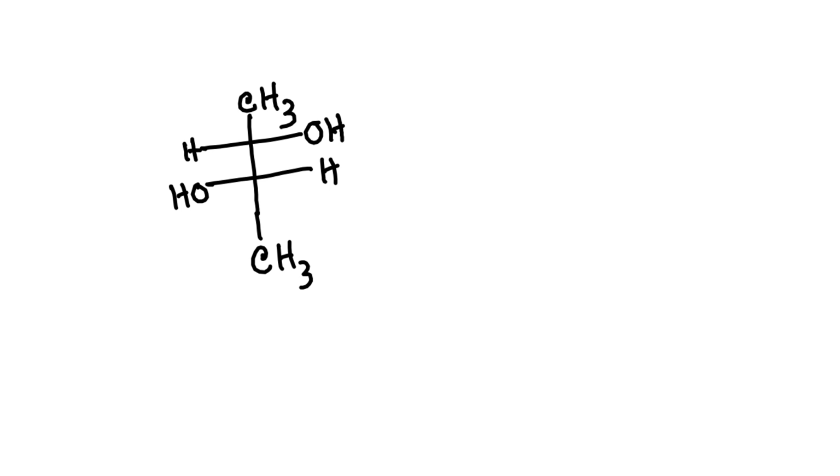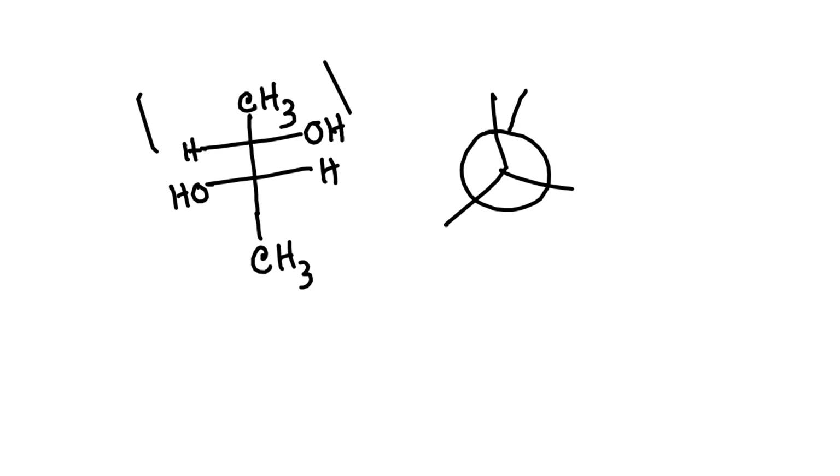So first we will draw the same molecule in the Newman projection formula, but in the eclipsed form. Now you can look into this molecule either from this side or from the top side. Because I have drawn this in this way, I have to draw it in the other way.